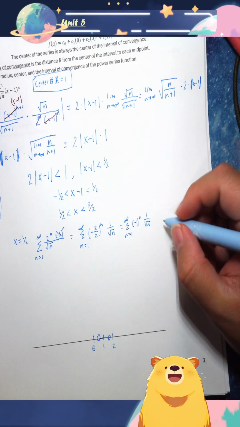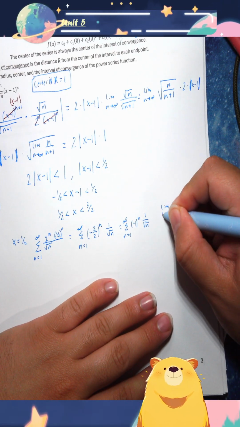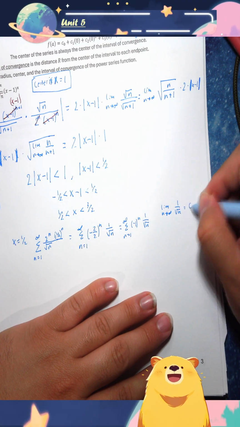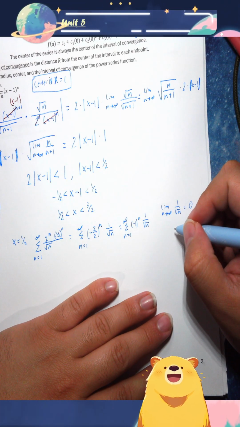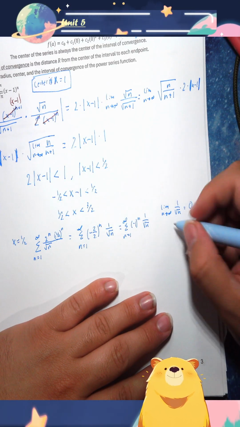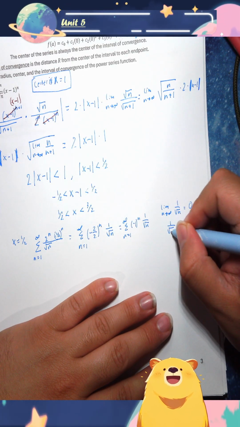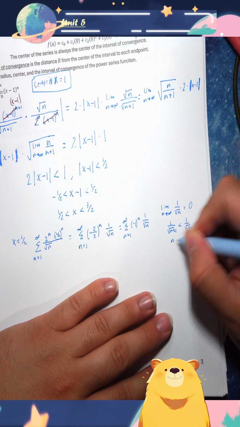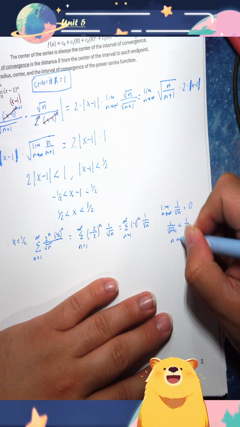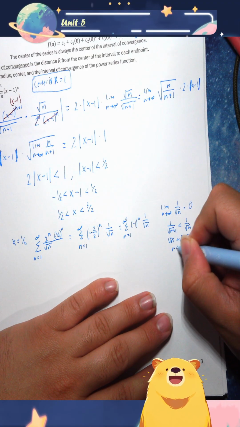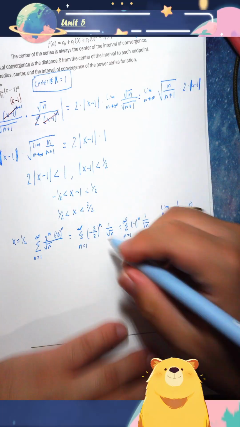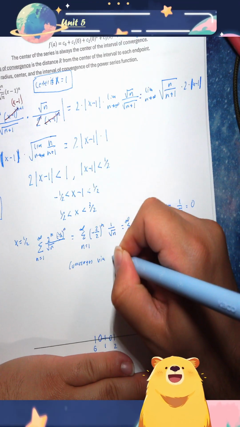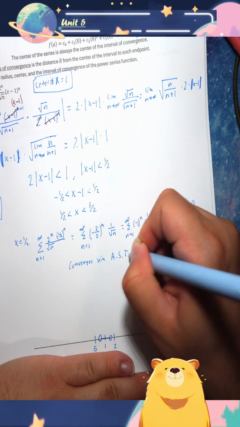So you can just say alternating series test because we're taking the limit as n goes towards infinity of 1 over square root of n, which we know is bottom heavy, which is just 0. And then is it steadily decreasing? Yeah, you'll get 1 over square root of n plus 1 is less than 1 over square root of n, cross multiply, n is less than n plus 1 after squaring both sides. So that checks out. So it converges via alternating series test.